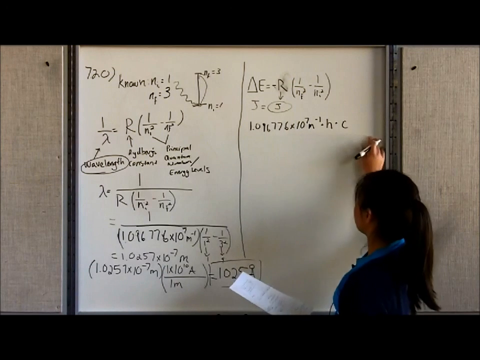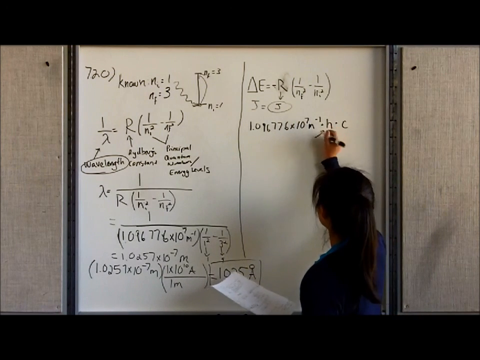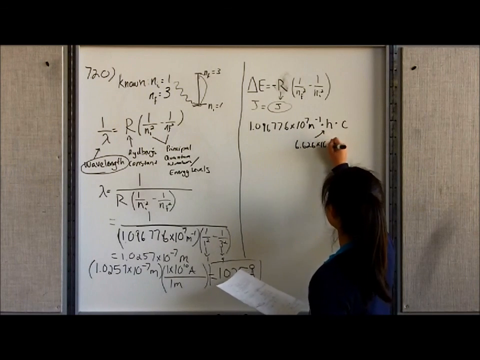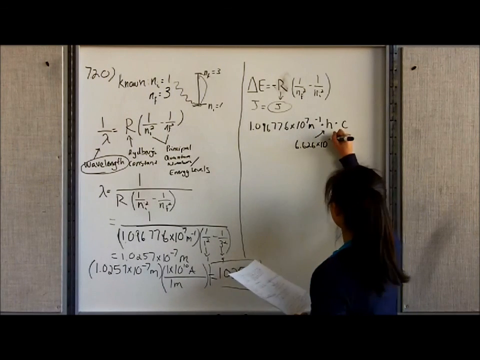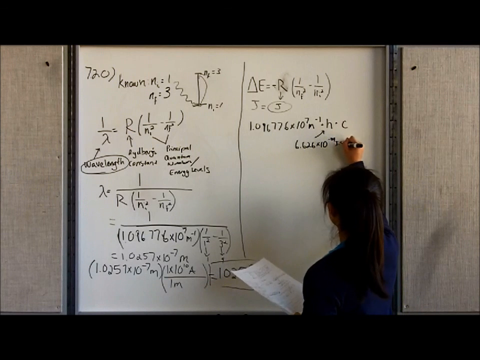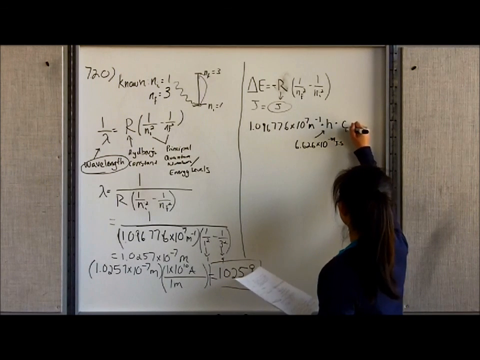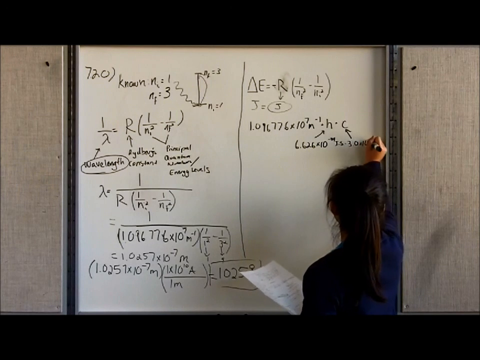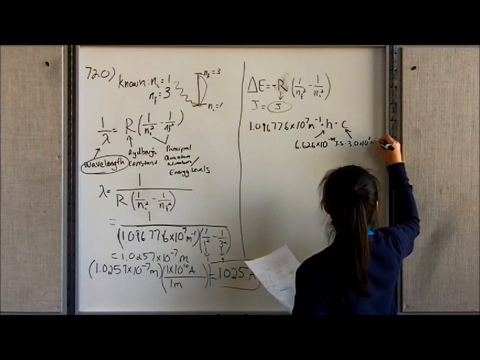I didn't have room to write it completely, so I'll write a little bit more underneath here. So this is 6.626 multiplied by 10 to the negative 34 joules per second, multiplied by 3.0 multiplied by 10 to the 8th meters per second.